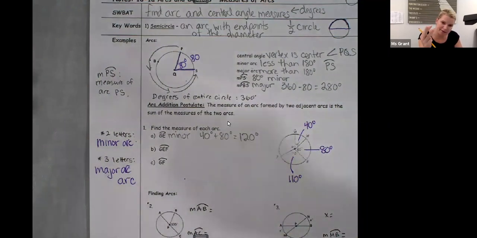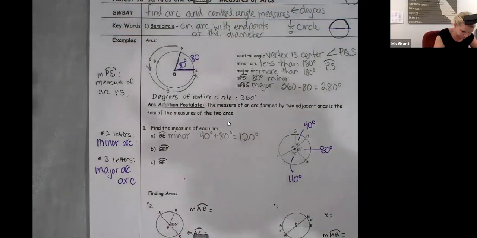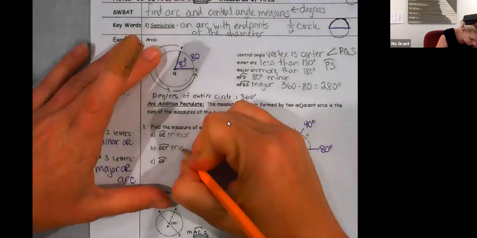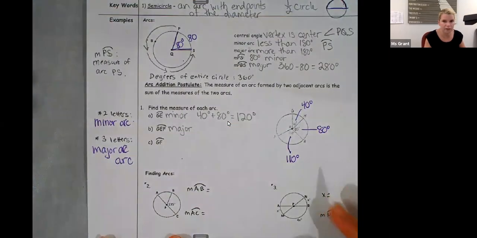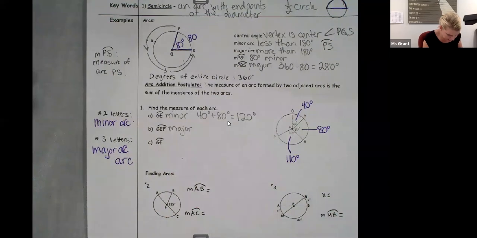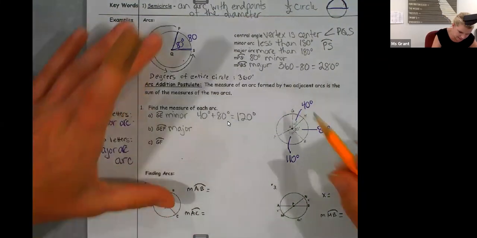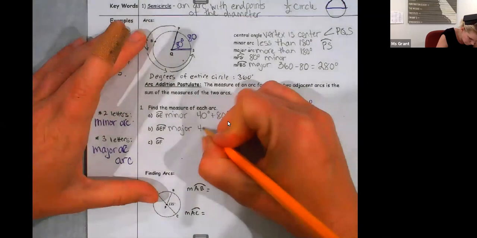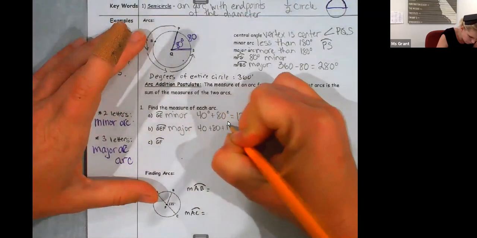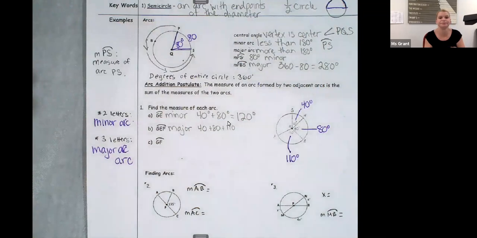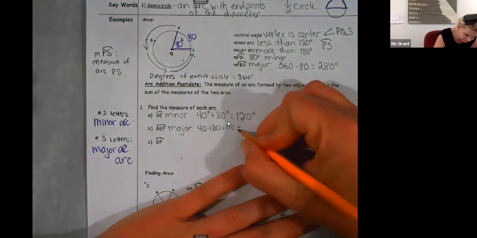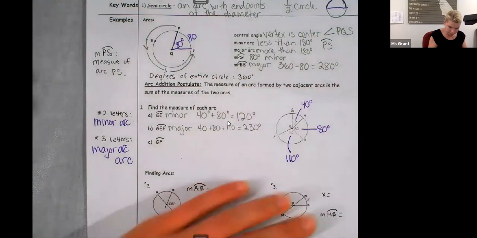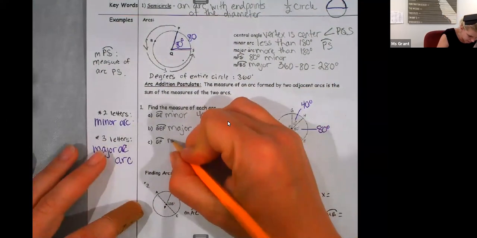Then GEF has three letters. That's going to be major, more than 180. GEF, 40 plus 80 plus 110, right? 230 degrees. GF is going to be a minor arc.